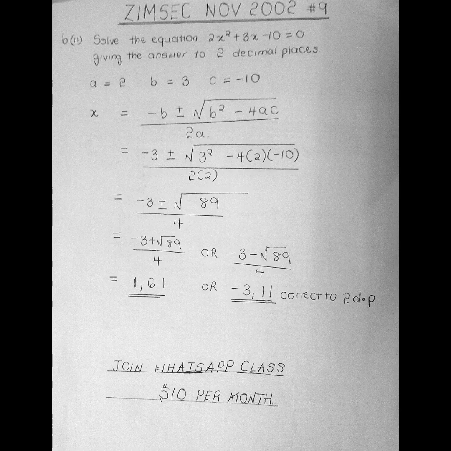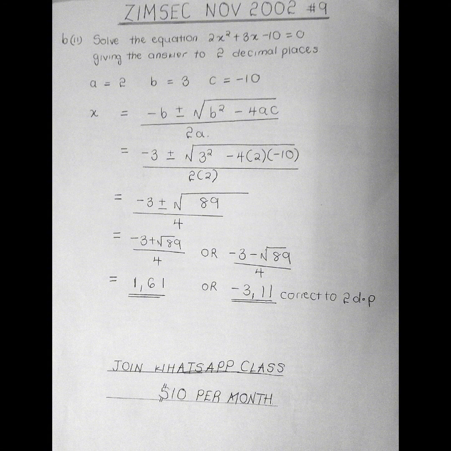And then lastly, it was saying solve the equation 2x squared plus 3x minus 10 is equal to 0, giving the answer correct to 2 decimal places. I hope you are now perfect when it comes to solving using the quadratic formula, right? So it is x is equal to minus b plus or minus the square root of b squared minus 4ac, over 2a. We substitute correctly.